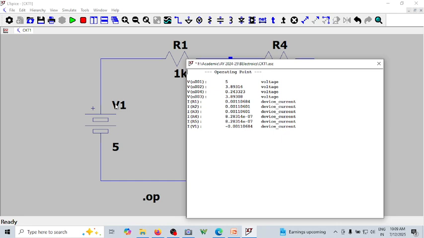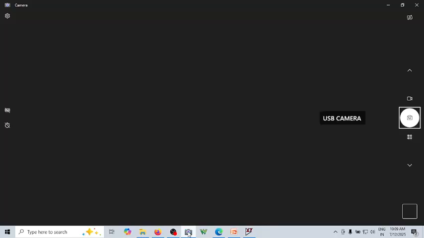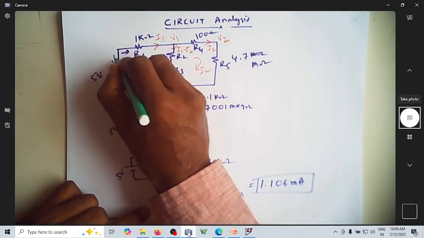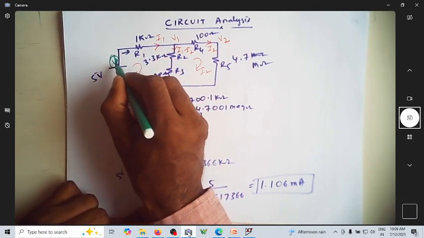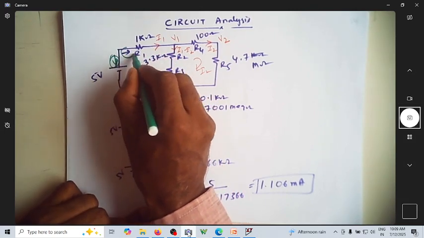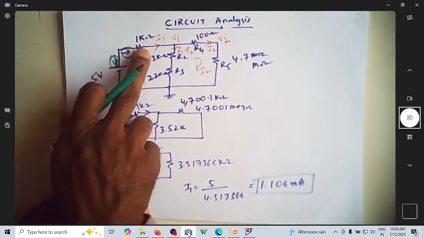This current is negative here because I of V1 indicates the current entering the positive node. Let me just show you here. LTspice will always give you the current which is entering this positive node. You can see whatever current is entering is exactly the opposite of this current I1.